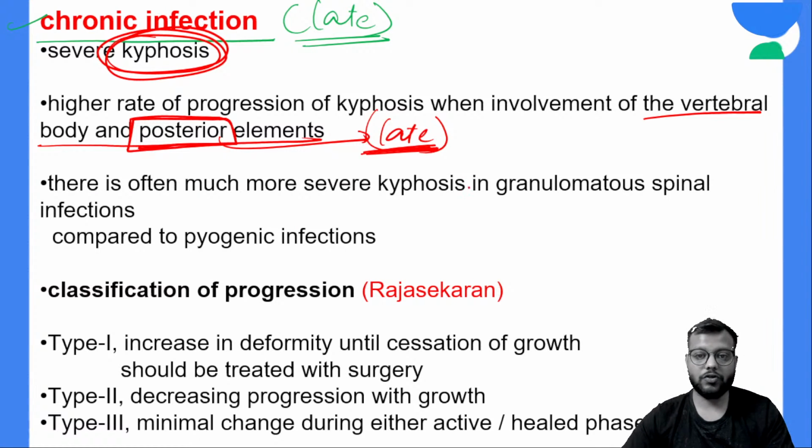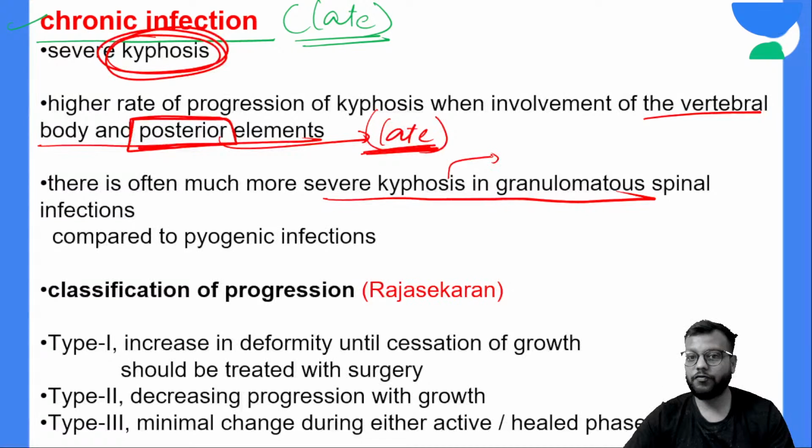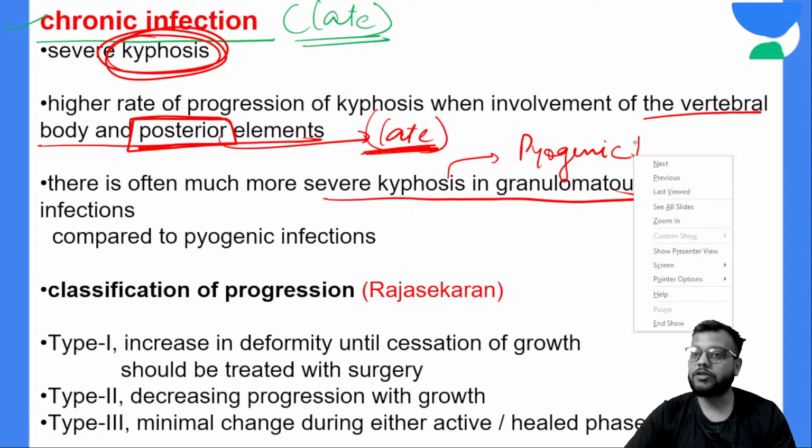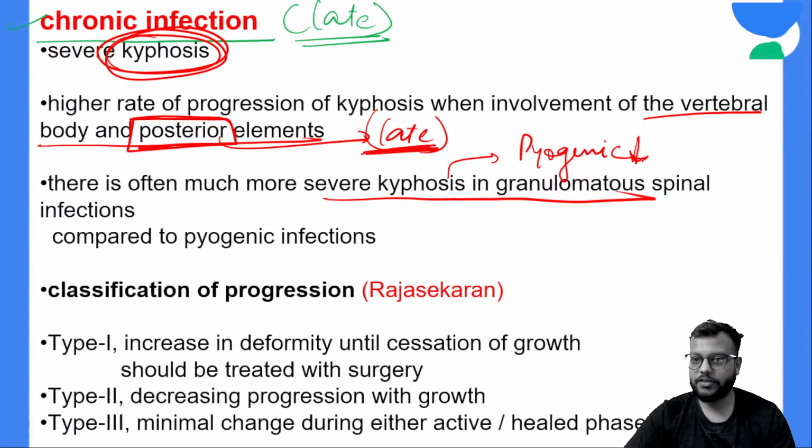Kyphosis is more severe in pyogenic infection as compared to TB infection. Sorry, it is more common in granulomatous infections, that is the TB.